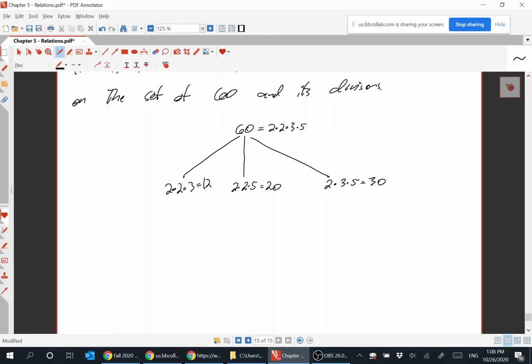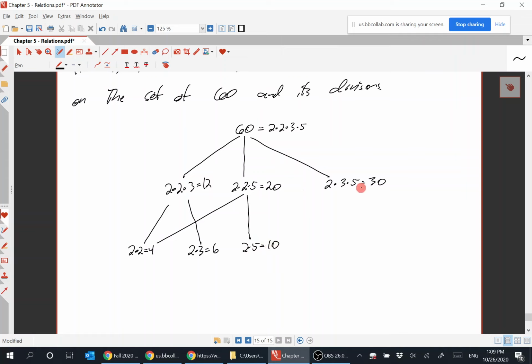Now, if we're just going to use 2 of those 4 primes, we can take away 1 from here, which would give me 2 times 2, or 2 times 3, which is 6. Here you've got 4. 4 goes into 20. And underneath this one you also have 2 times 5, which is 10.